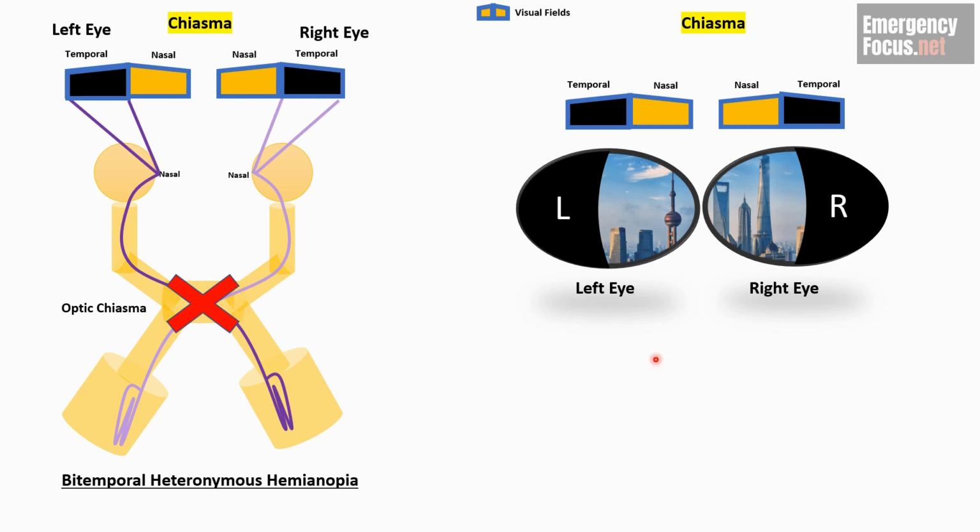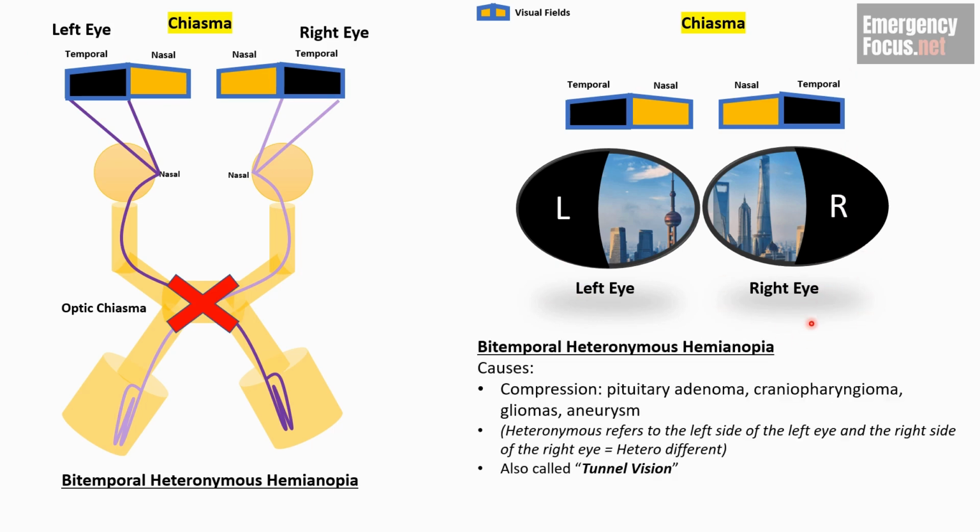I want you to see how we got an L now and an R now. What is the meaning of this? Well, the left side of the visual field of the left eye is impaired and it's different from the other eye, because in the other eye, which is the right eye, it would be the right side of the visual field impaired. So how are we going to call the visual field? We have to name the visual field defect.